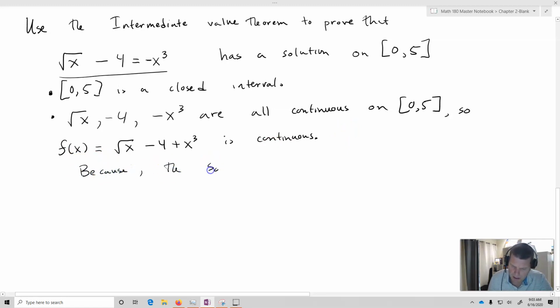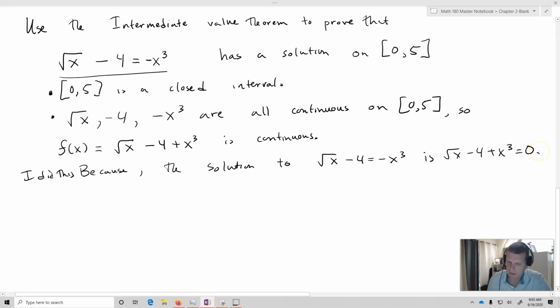the solution to the square root of x minus 4 equal to negative x cubed is the square root of x minus 4 plus x cubed equal to 0. So I need to prove that this function actually equals 0 somewhere on the interval.